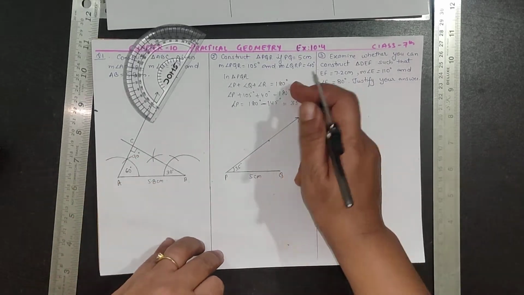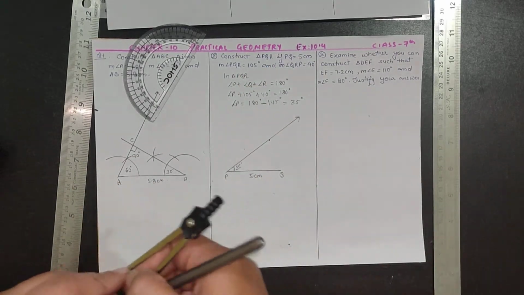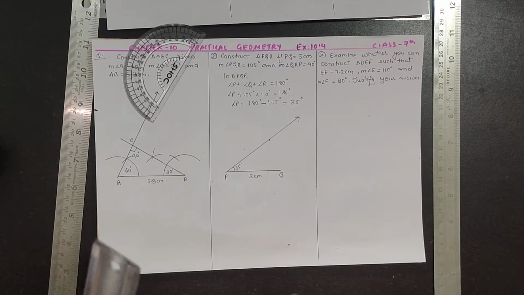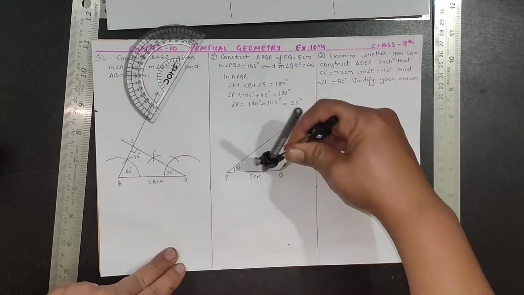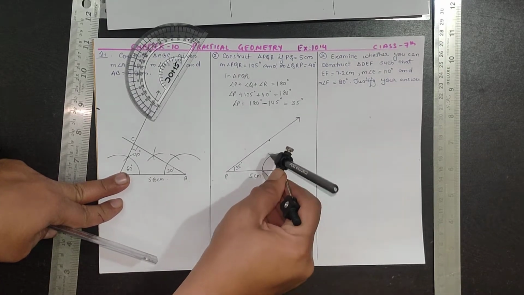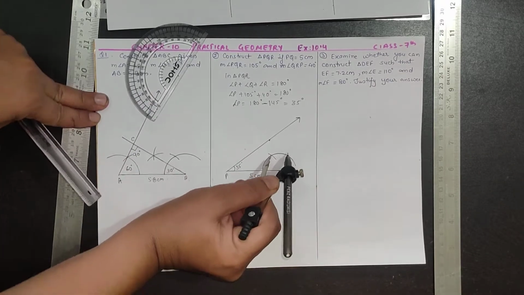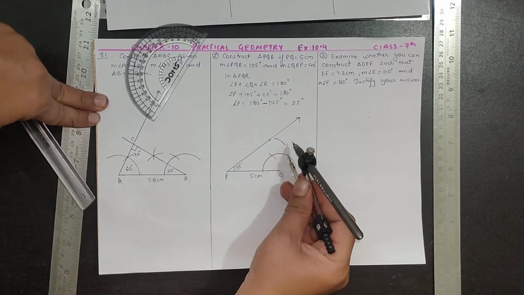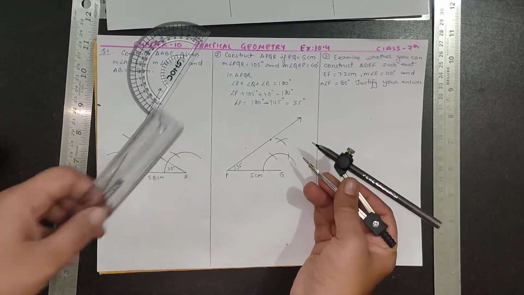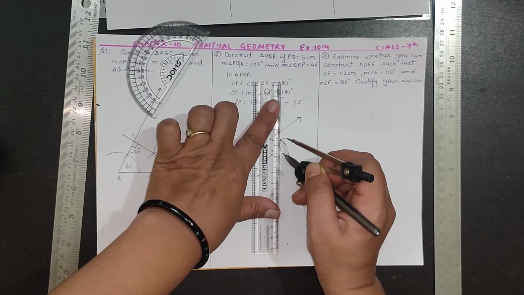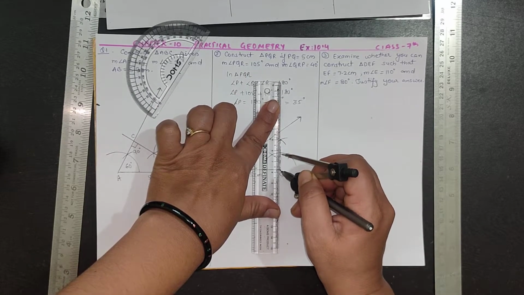Then angle Q is also given, which is 105, and that we will construct. See how the construction is possible. Take any arc and draw 60, then 120, then 90. We don't need 90, so we will take it as a dotted line. I will tell you why we are constructing this.